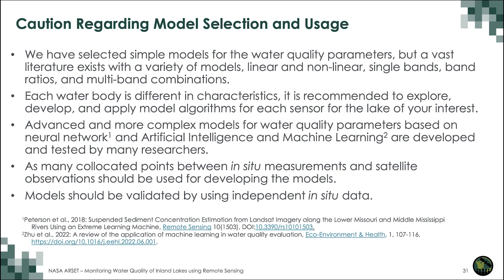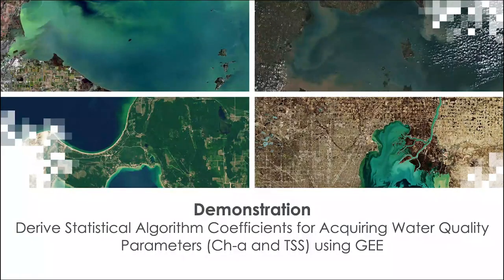And models should be validated by using independent in situ data. So you need a substantial amount of data to develop a model, and you have some data to validate the model performance. So these are some of the things to keep in mind.